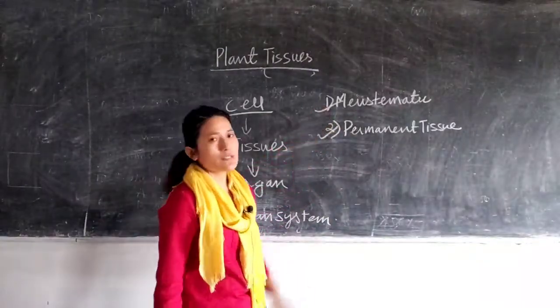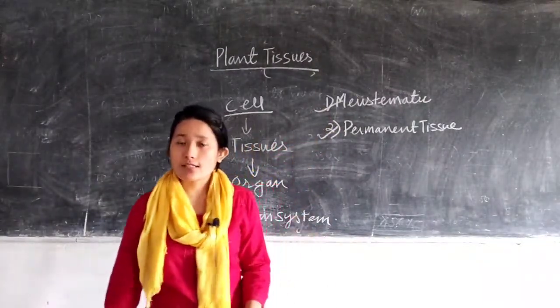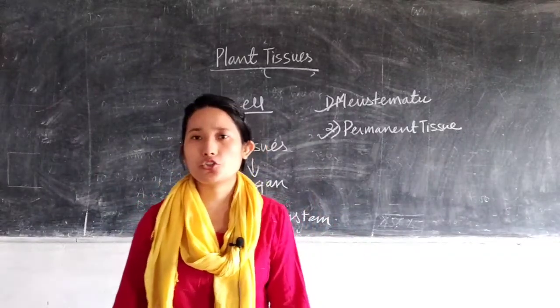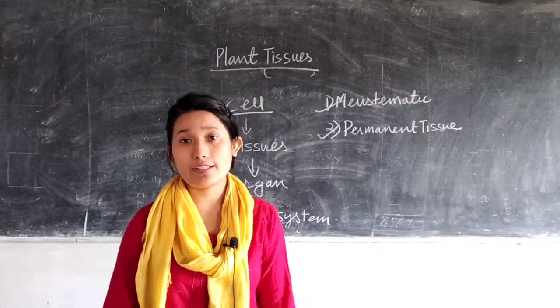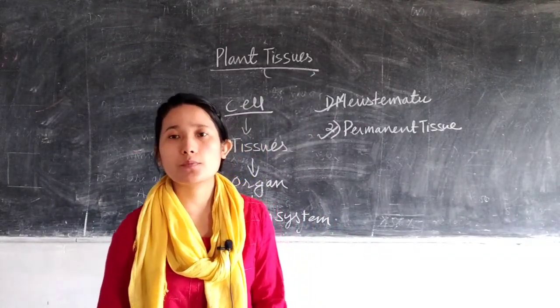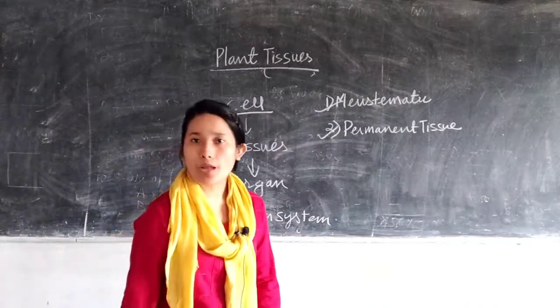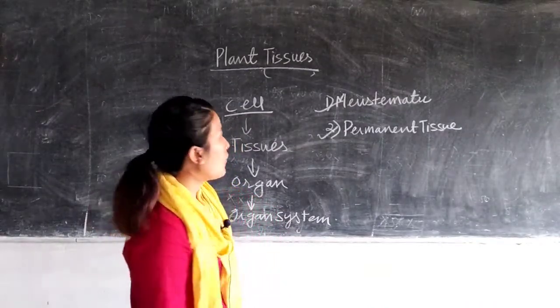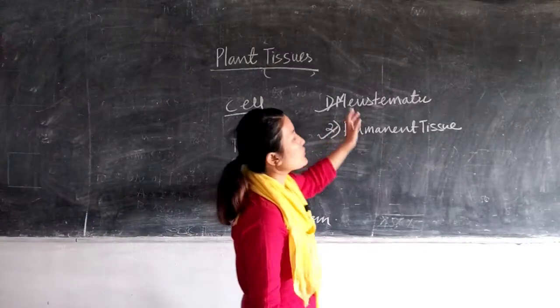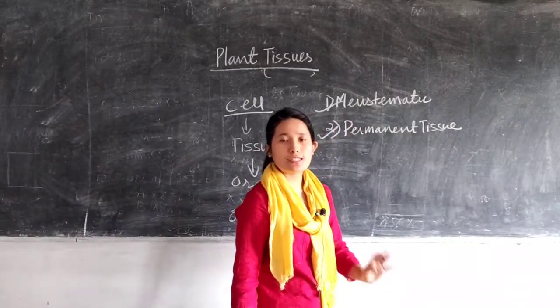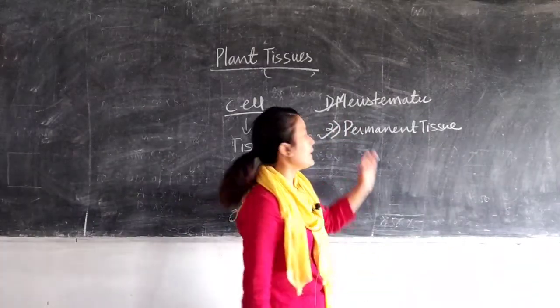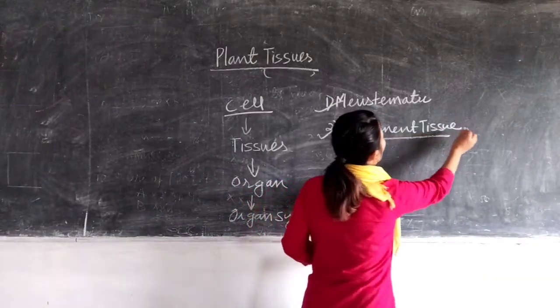Now, the cells of meristematic tissue are actively dividing and hence help in the growth of a plant. When the cells of a meristematic tissue cease to divide, they get converted into permanent tissue.